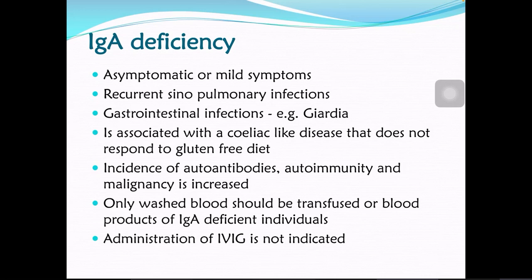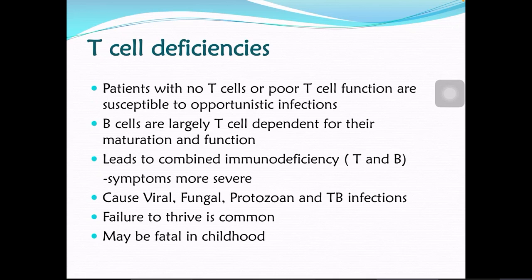Administration of IVIG is not indicated in IgA deficiency, although it was indicated in the previous two entities. So for B cell disorders, we have spoken about X-linked agammaglobulinemia, CVID, and IgA deficiency. For agammaglobulinemia and CVID, we would use IVIG, but in IgA deficiency, we don't generally consider IVIG.